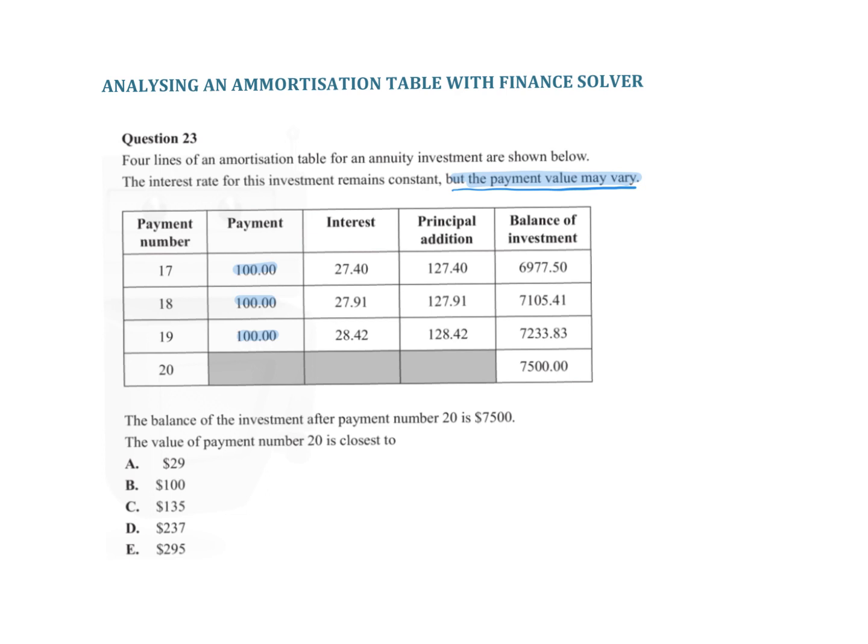So the balance of this investment after payment 20 was 7,500. The value of payment number 20 is closest to what? So what you have to do is, this is an annuity investment where they're adding extra.